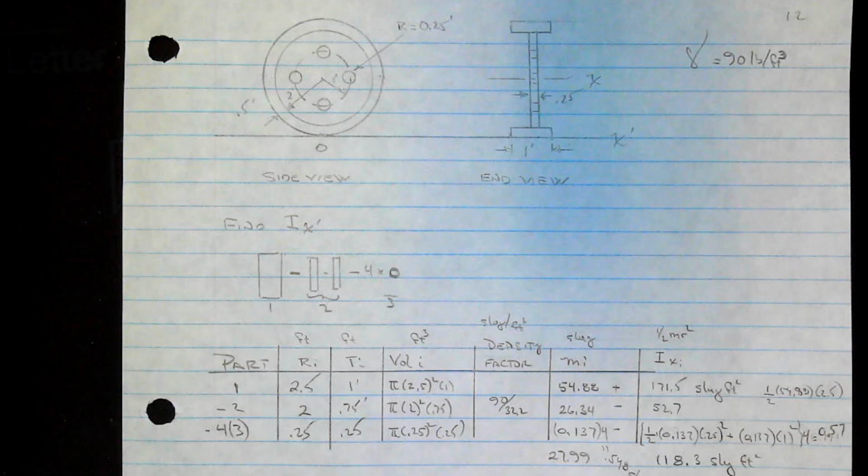And for educational purposes, we said we want to move it from here to there. That's straightforward. To go to this one, it's simply what it is at the center, which was 118.3, plus mass, 27.99, times distance squared from here to there, which is 2.5. Multiply it, add, we have 293.2 slug-foot squared.